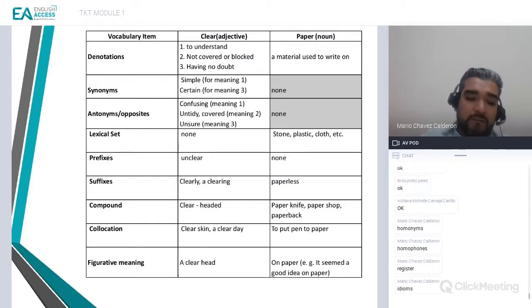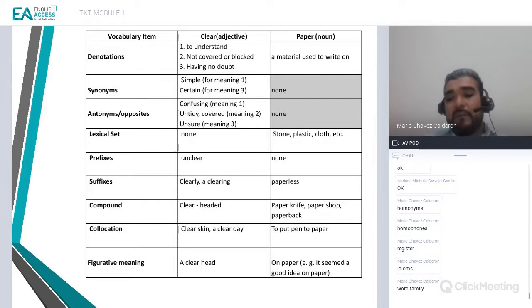And of course, we have the word family. The word family are words which come from the same root, like happy, happier, happily, happiness. All of those come from happy. Happy is the root word, the base word.